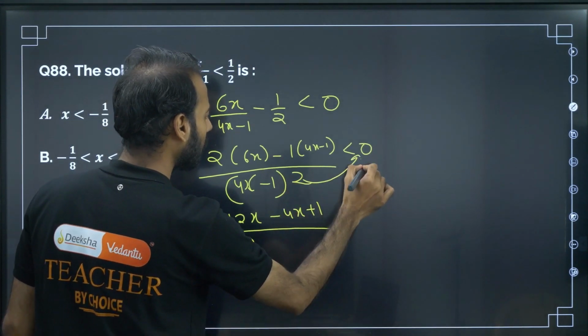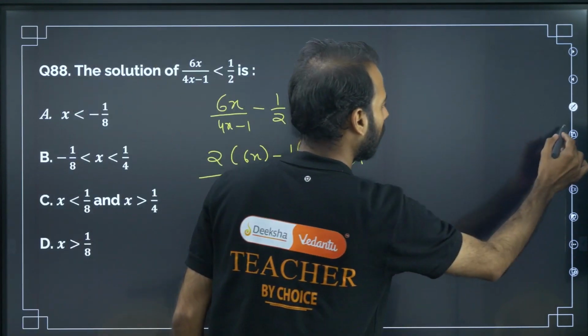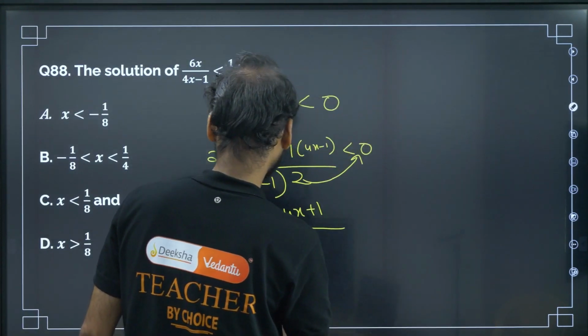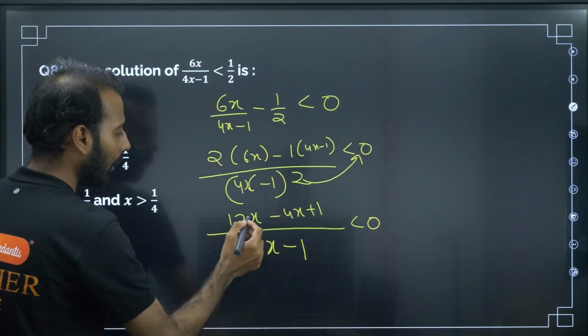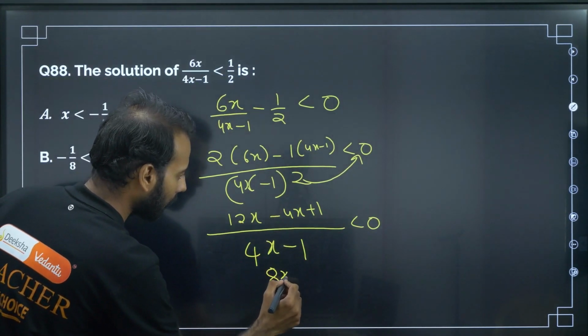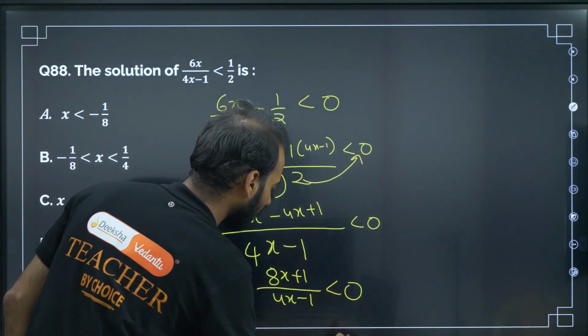If I transpose this 0 to the other side, this will be 4x minus 1 only. This is less than 0. 12x minus 4x is 8x plus 1 divided by 4x minus 1 less than 0.